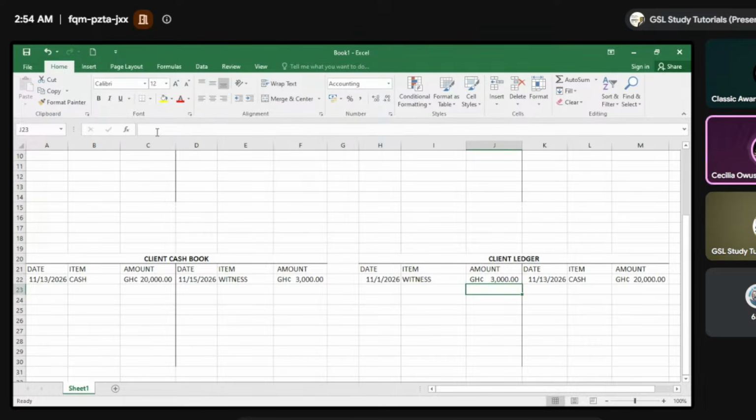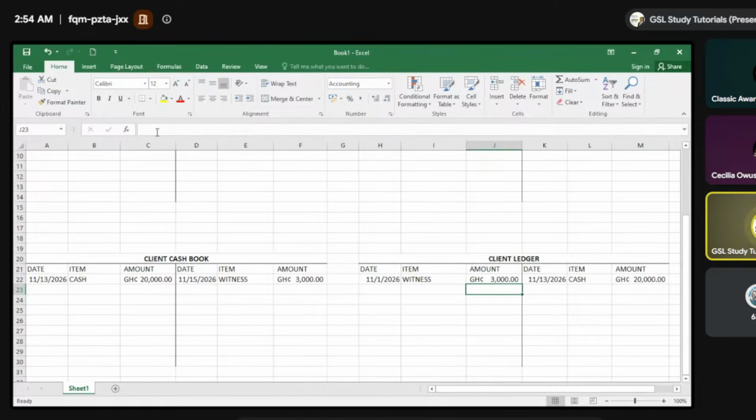November 17th. The law clerk attended courts 4 times, and each time he paid 1,500 for hotel, and this was paid from the main cash book and office accounts. Okay, so let's go back to our old rules.